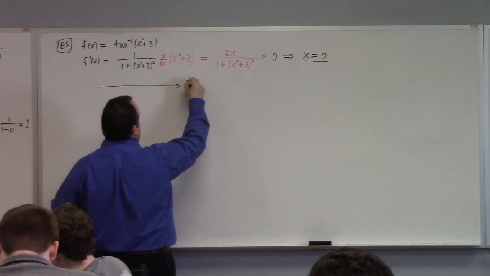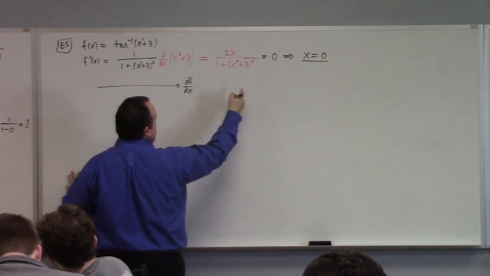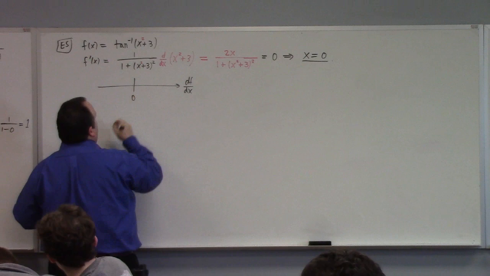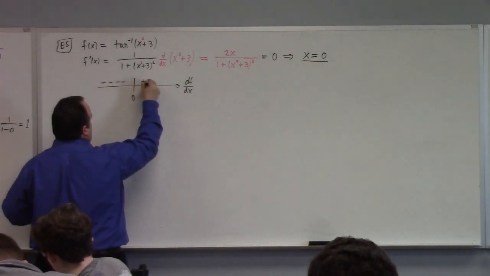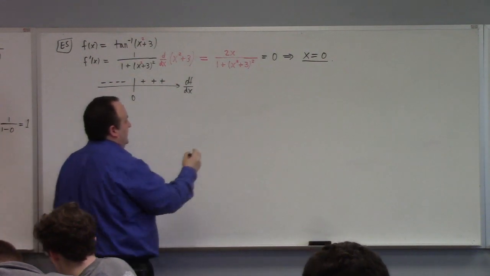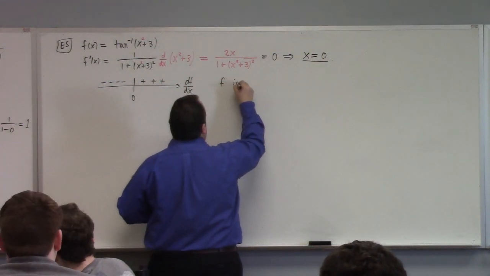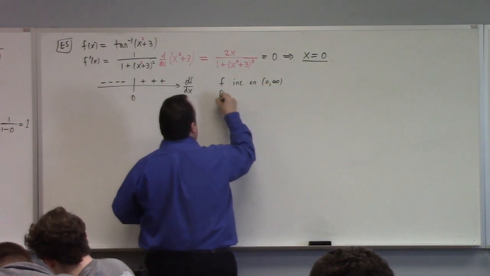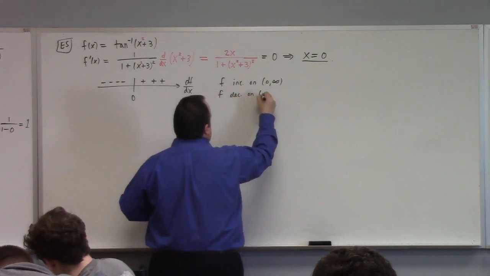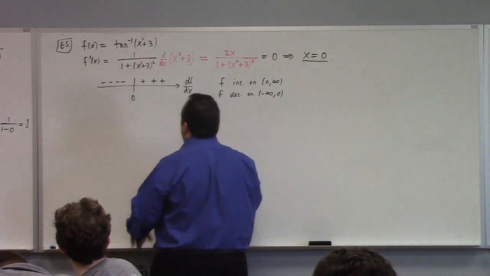So the graph for df dx is kind of boring. It's just got 0 as its critical number, and I believe it's negative over here and positive over there. So we've got f increasing on 0 to infinity, and decreasing on minus infinity to 0.